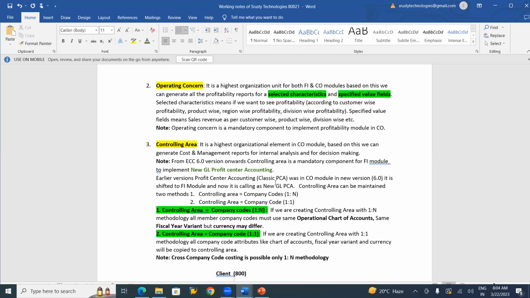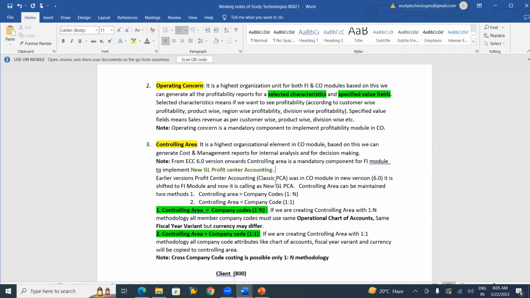You can put a full stop here. In the new version, it is moved to the FI module.